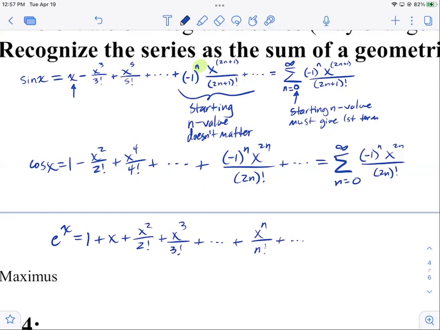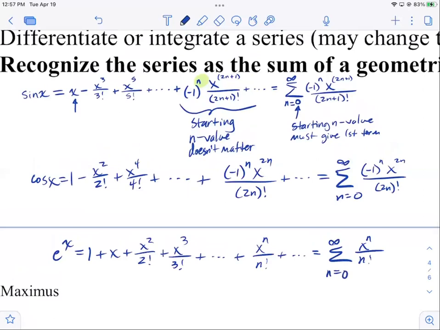And again, when you plug in a 1 for n, you get x over 1, which is the second term. That's fine. When you collapse it to sigma, though, you need to be aware that you can't start it at 1 because your first term is 1. You got to start it at 0. Are there ways to adjust the rule of sequence so that I can start it at 1 and still get the first term?